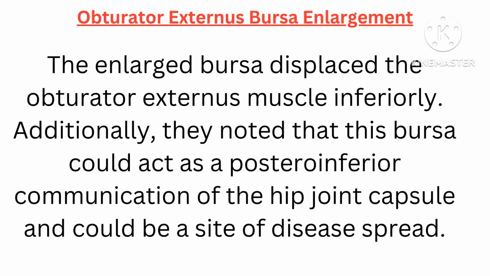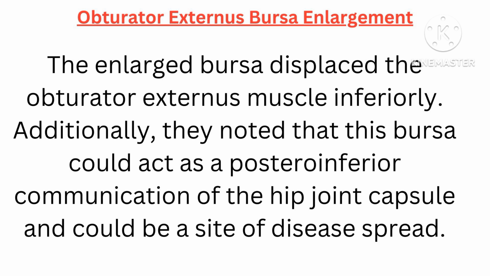The obturator externus bursa also has involvement in pathological conditions. A study performed by Robinson et al. analyzed 8 cadaver hemipelvises and 10 clinical patients with obturator externus bursa enlargement and associated intra-articular hip abnormality to better understand the anatomy of this bursa and its clinical significance.